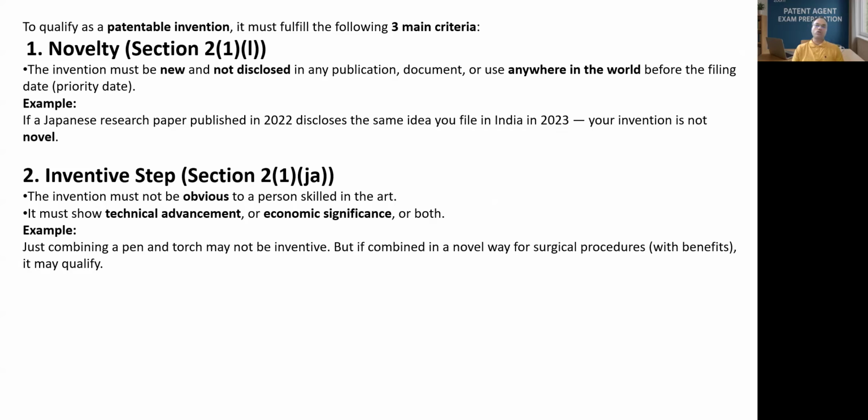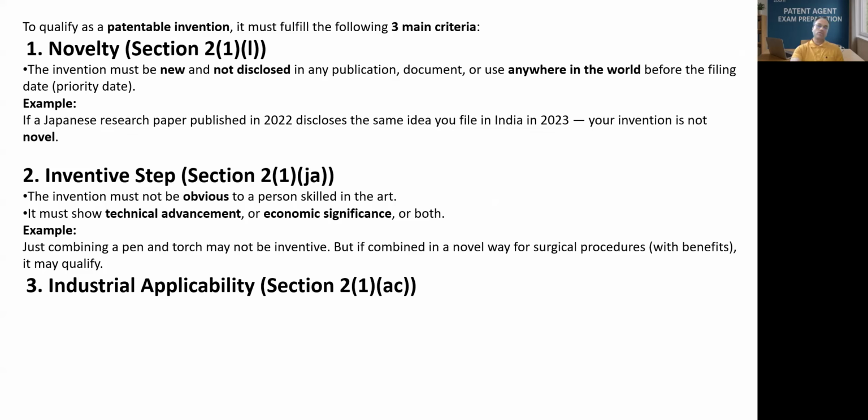Pen is known, torch is known, but if the combination does not give technical advance or economic significance, it may not qualify for a patent on the basis of inventive step. Although combining pen and torch may be a novel idea, if there is no inventive step, no technical advancement and no economic significance, it will not be granted.